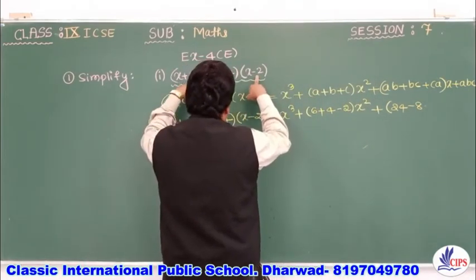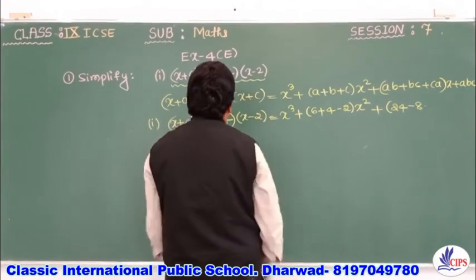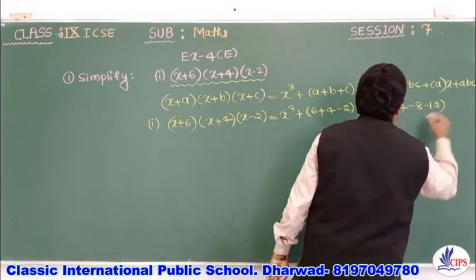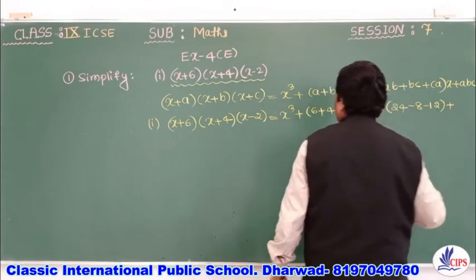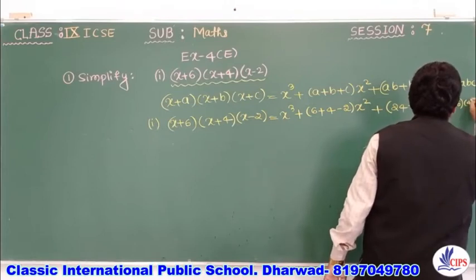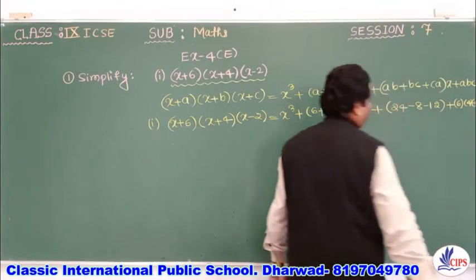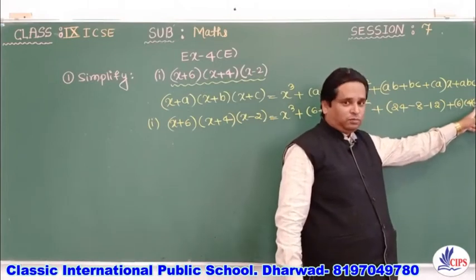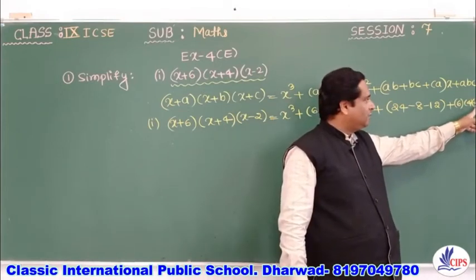Minus 2 into 6 how much? 6 into minus 2, minus 12. Minus 12 plus abc. abc is 6 into 4 into minus 2. Right? Okay.